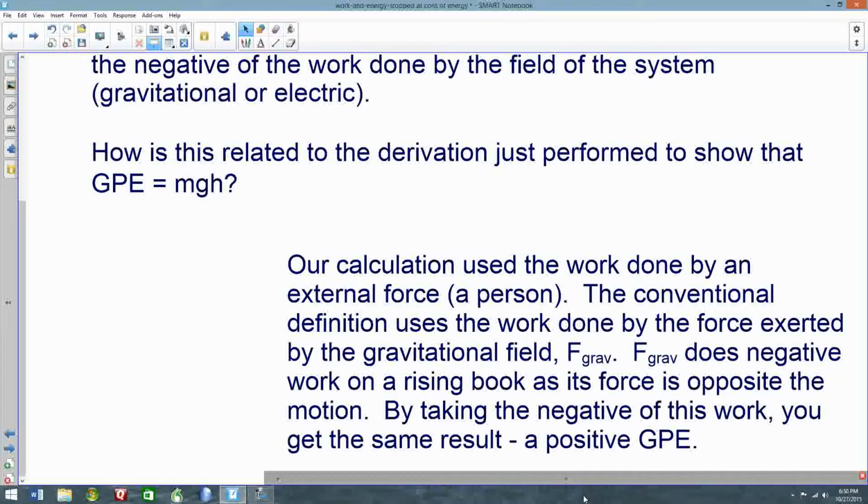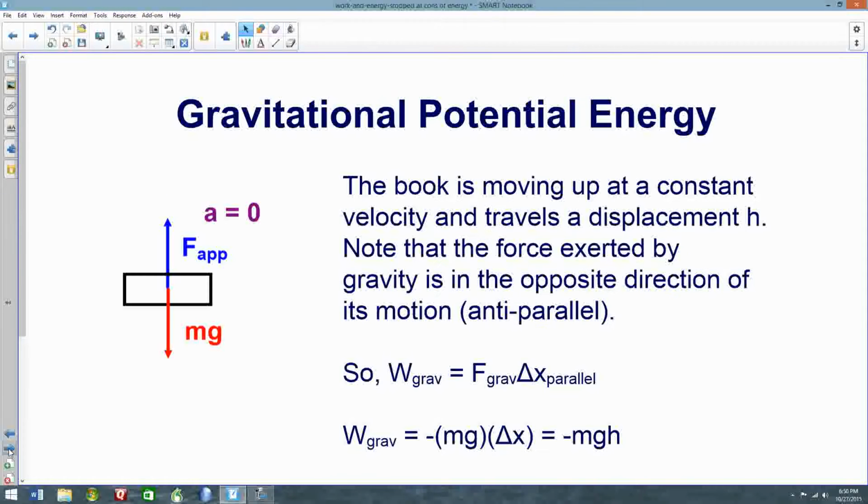The gravitational field force is the force due to gravity. And that's negative because the force is going down. By taking the negative of this work, you get the same result, which is a positive gravitational potential energy. The book is moving up at a constant velocity and travels a displacement h.